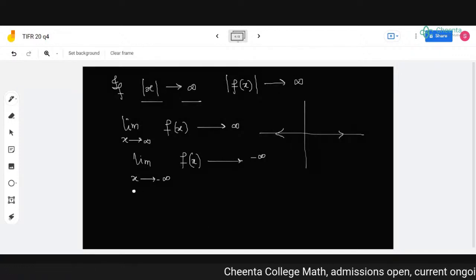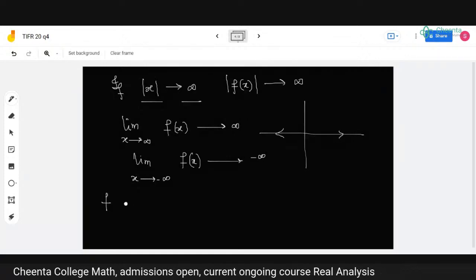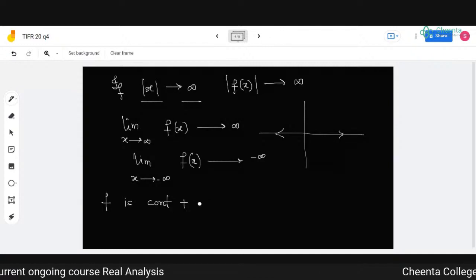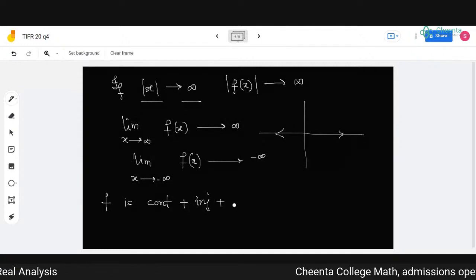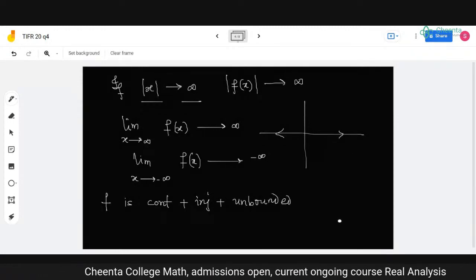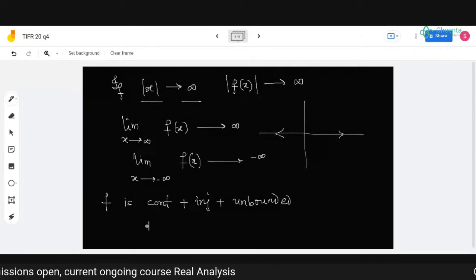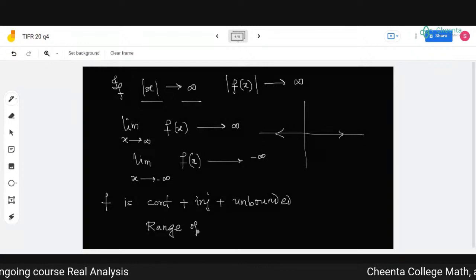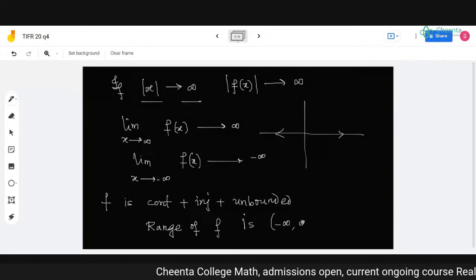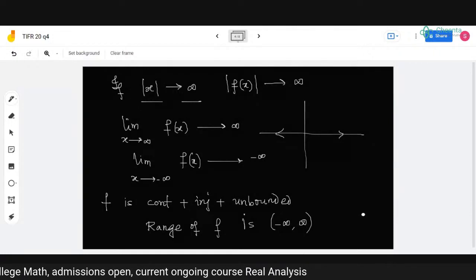Hence, what do I have in my hand? The function f is continuous, injective, and unbounded. That means the range of f is basically from minus infinity to infinity, and that is precisely what we wanted for surjectivity.